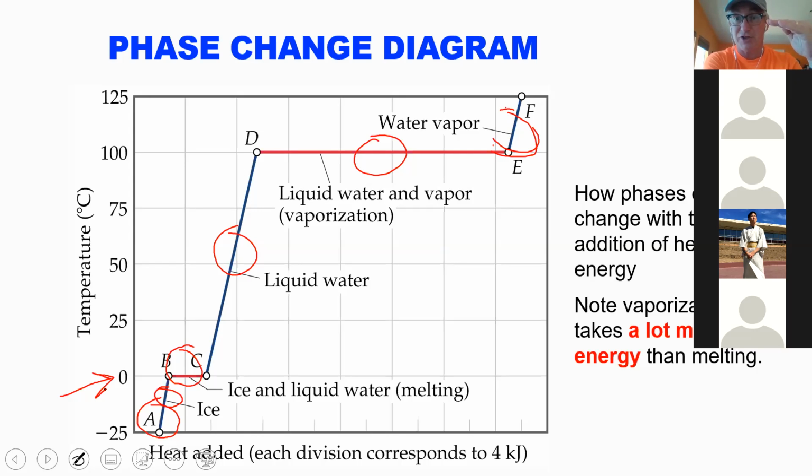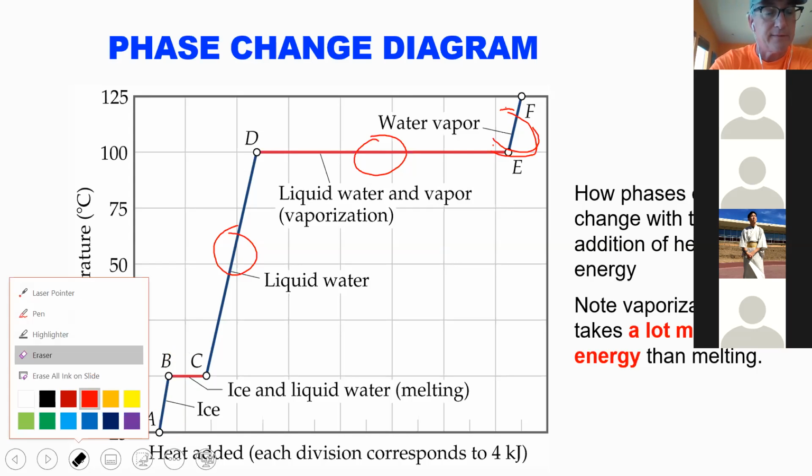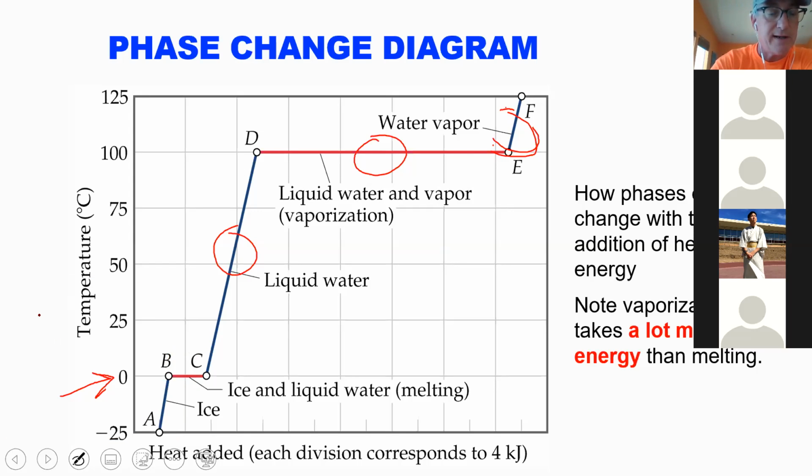And then it's going to start changing its phase from a solid to a liquid. And that is the second part here, the second part of the phase change, when it's going from a solid to a liquid. So at this point, notice that the temperature doesn't change.